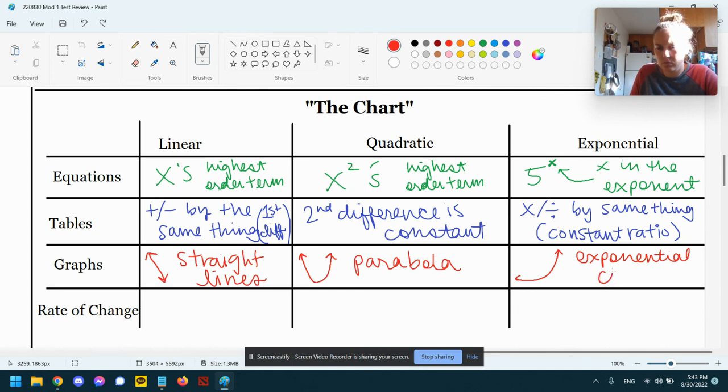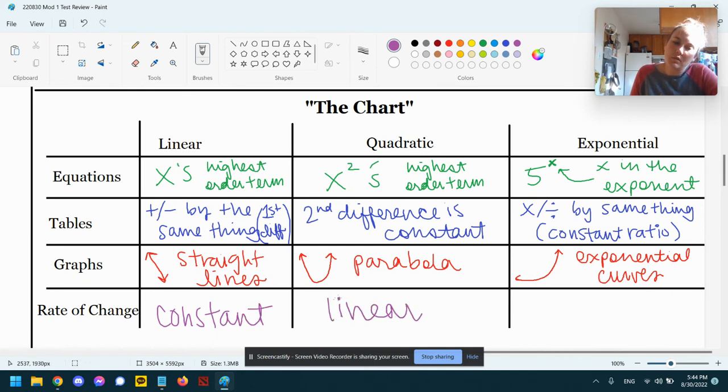Wow, I wish I could write cursive. All right. Last things last. Rate of change. Linear has a constant rate of change. Quadratic has a linear rate of change. And exponential has an exponential rate of change.